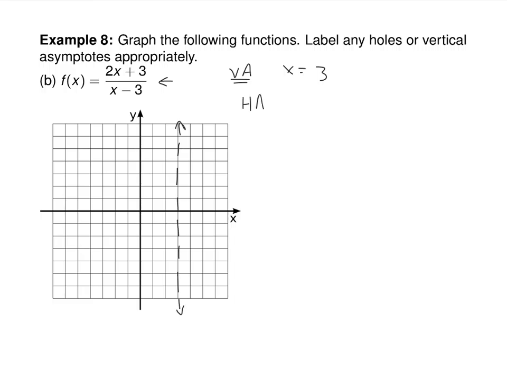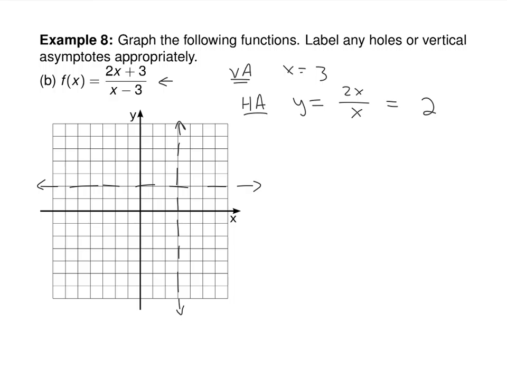Horizontal asymptote, y equals largest power over largest power, y equals 2. And then your fallback method, if you're stuck, is to plug in x's, get out y's, right? The only tricky thing with these is that you have to plug in some numbers on the left side of the vertical asymptote and on the right side, because stuff could change at that asymptote.